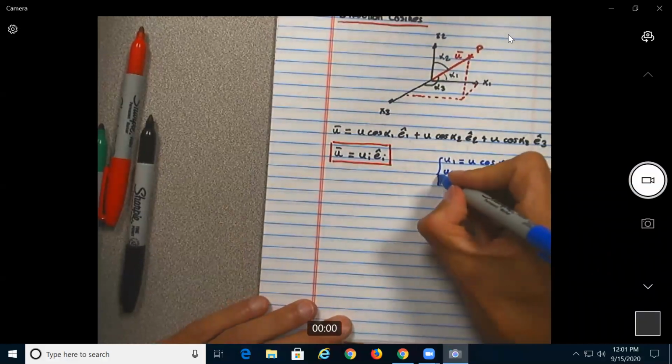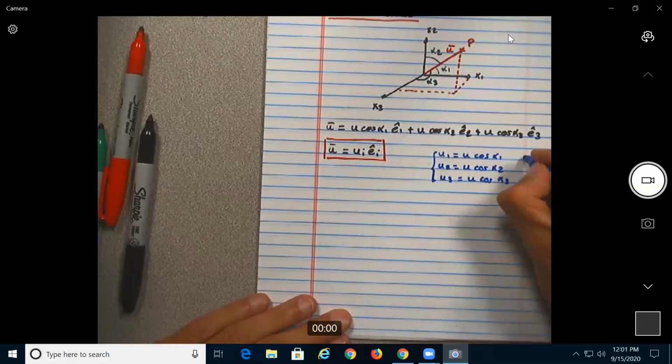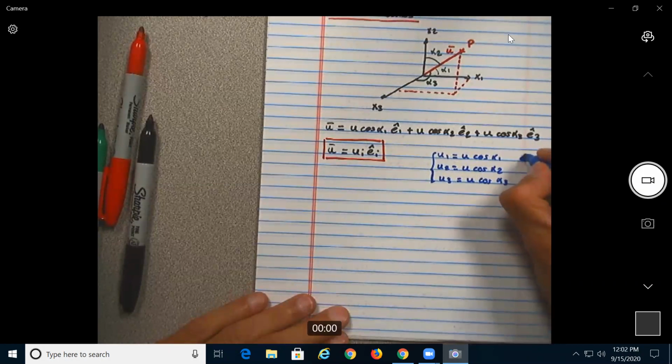And E1 would be E1, it doesn't matter. E2 will be E2 and E3 will be E3. This remains unchanged.